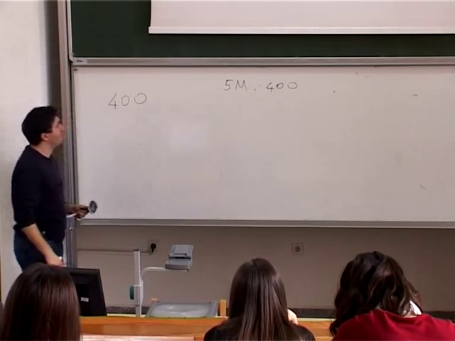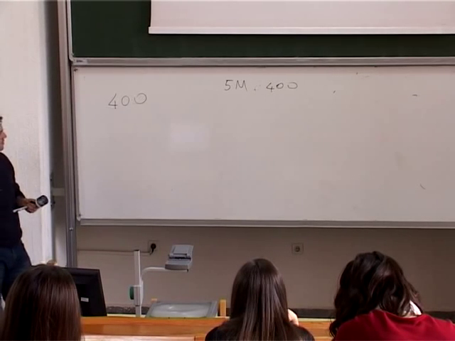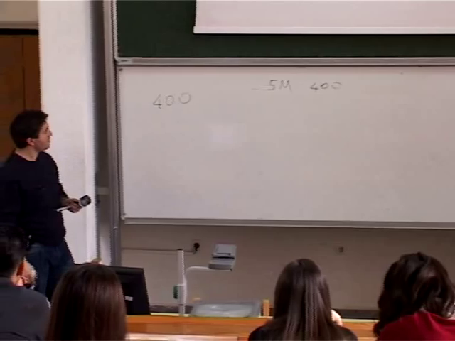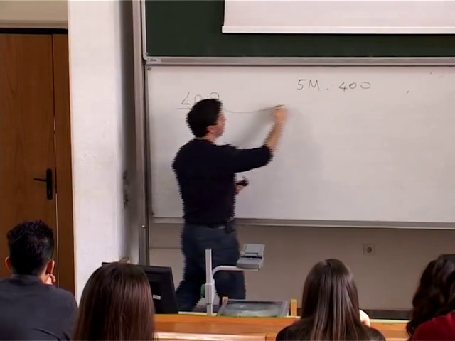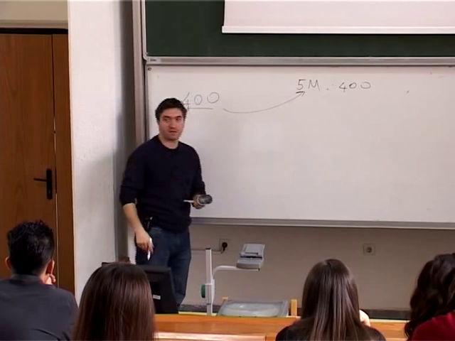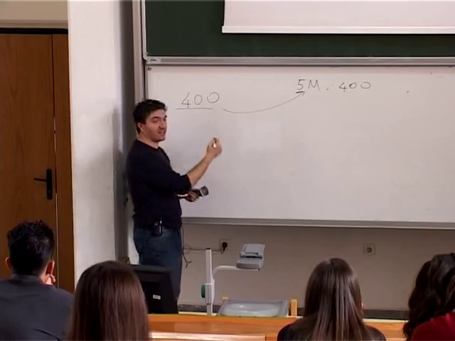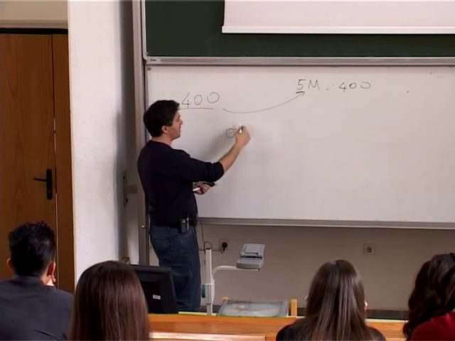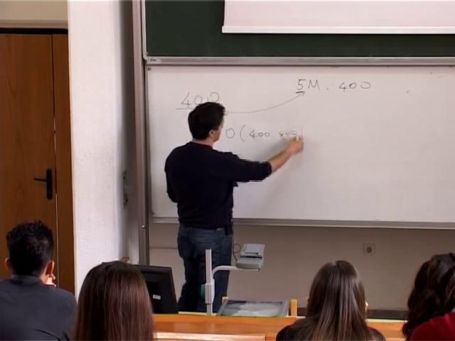So, let's try to find out how much time this search takes. What we do is, we compare our query protein to each of these 5 million proteins. Each alignment is going to take quadratic time, so 400 times 400.